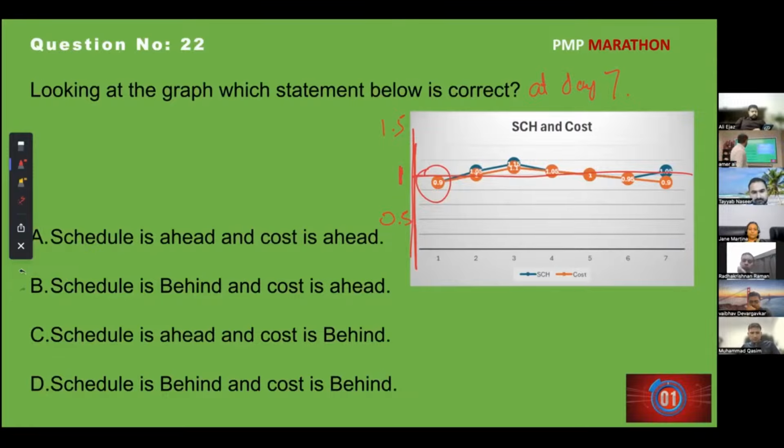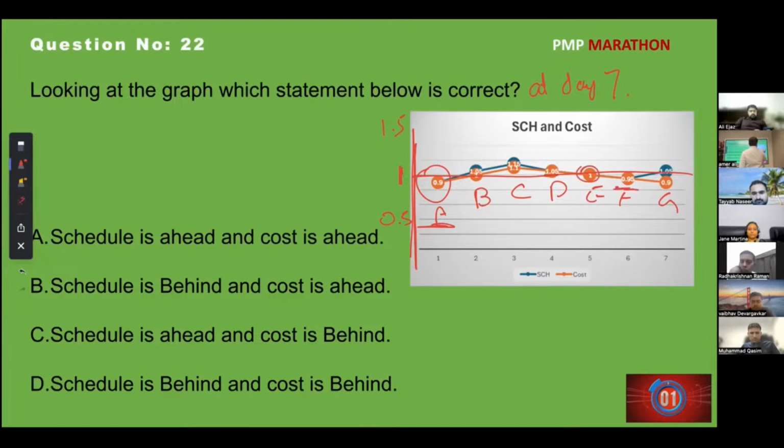So at point A, let's say A, B, C, D, E, F, G, whatever, day 1 is there. Both are behind. Here, both are ahead. Here, both are ahead. Here, both are ahead. Here, both are on target.